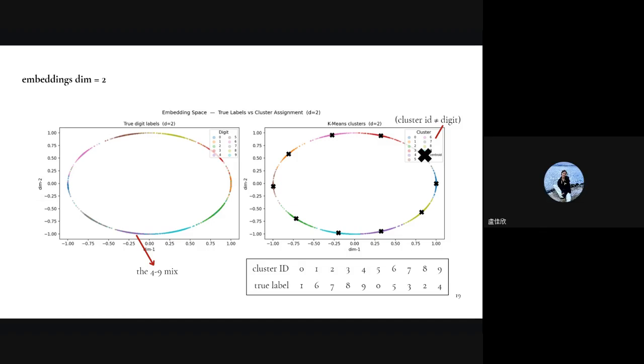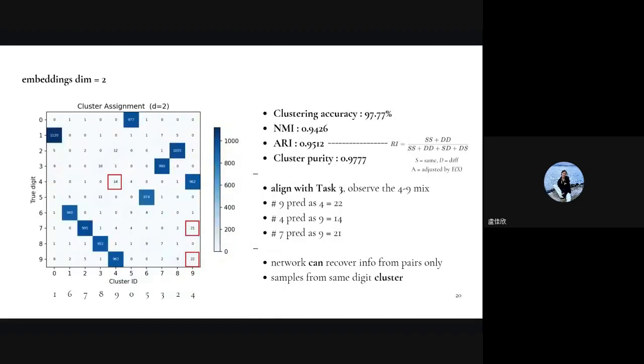And next slide, please. So we also did the confusion matrix and some of the clustering statistics here, and it shows that the model did fairly well, and we can also observe some of the conclusions from text 3 here as well.